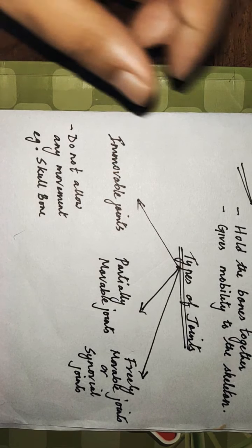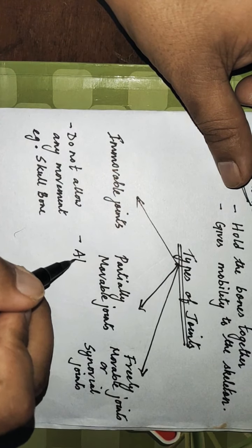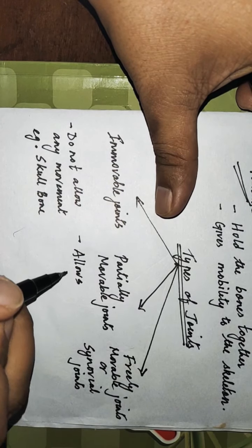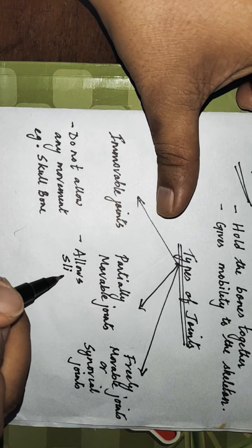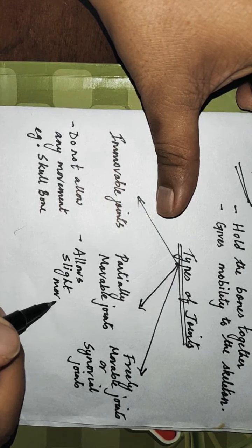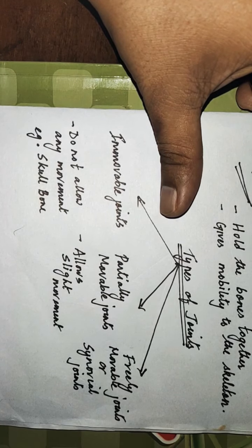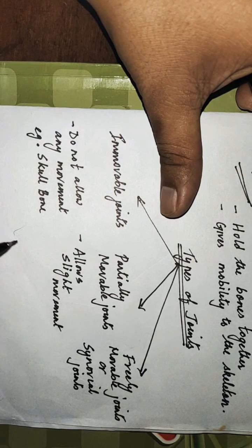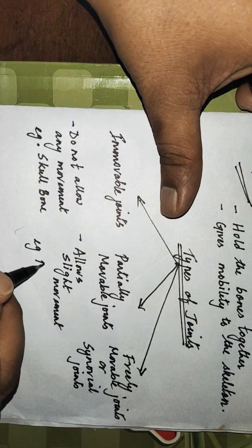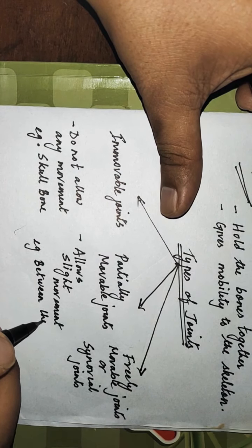Next one is partially movable joint, means allows slight movement. All right, so it allows slight movement. Example, between the vertebrae.